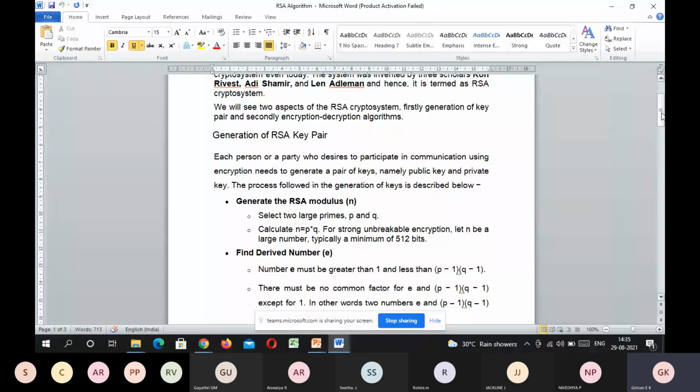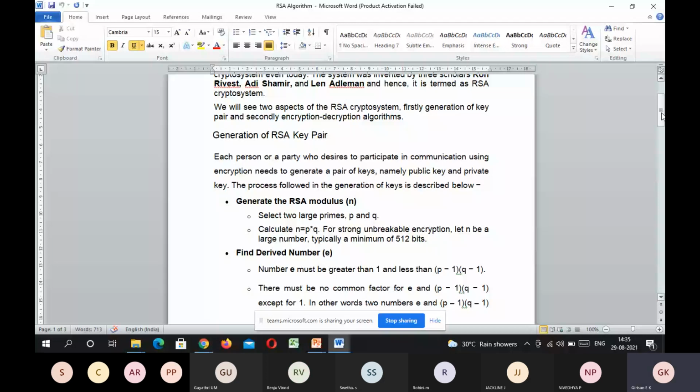Let us name them P and Q, such that P is not equal to Q. Can you understand? The first step of generating the keys is to select two large prime numbers, namely P and Q, such that P is not equal to Q.